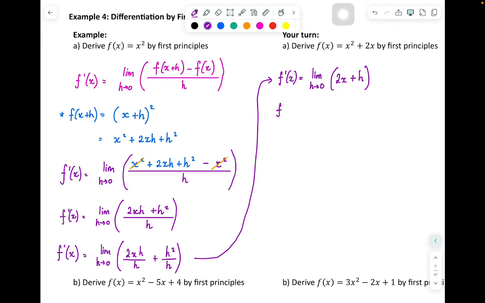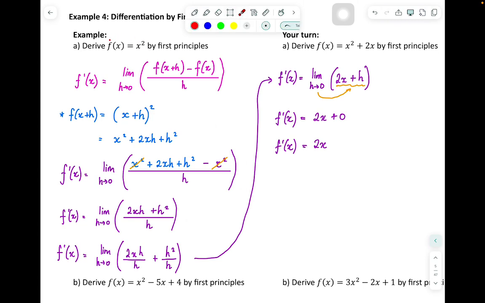Now we can take this limit, because there's nothing left to simplify inside here. We can take the limit and apply it and substitute h equals 0. So therefore that limit function on the outside will disappear. And so we are left with 2x.